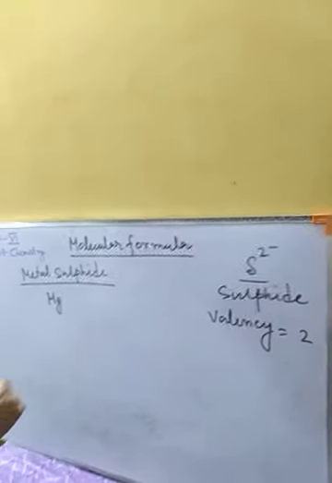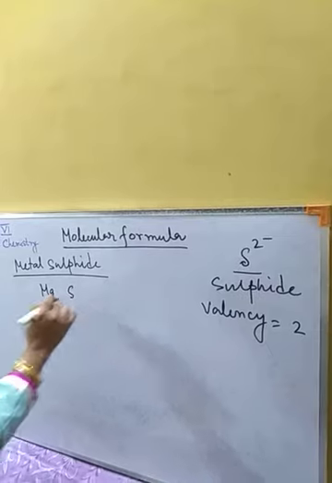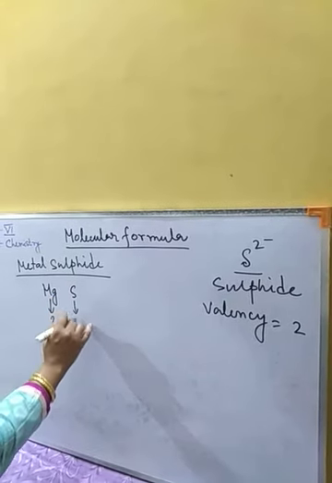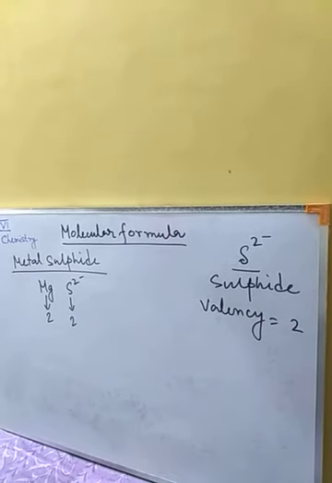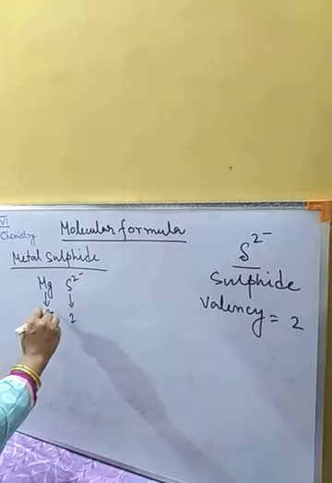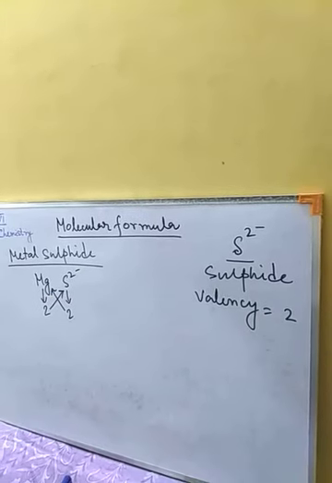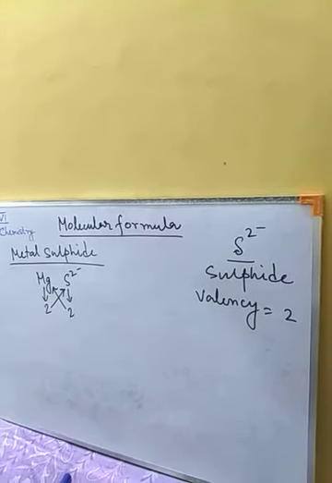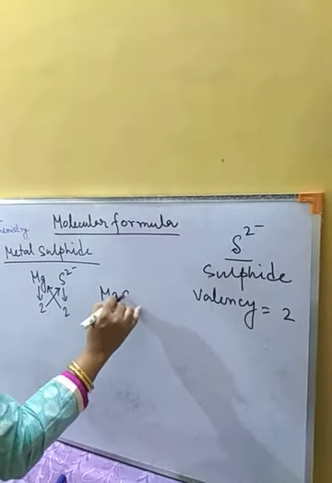We know the valency of magnesium is 2, and here we have sulfide, whose valency is also 2, 2 minus we can write. As we have done for molecular formula formation, we write it side by side, MgS.